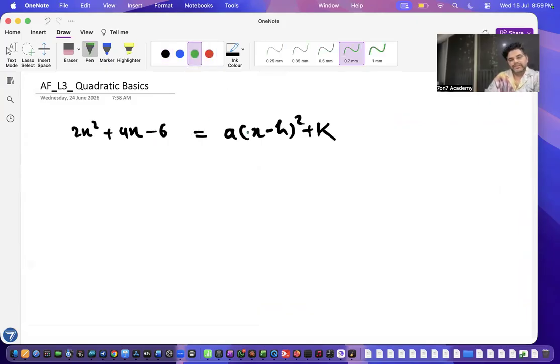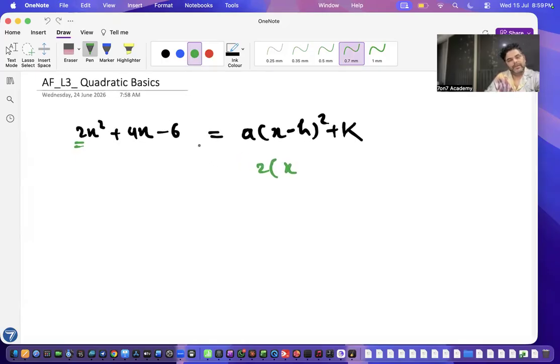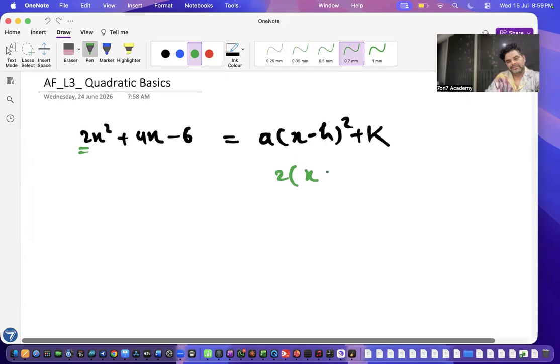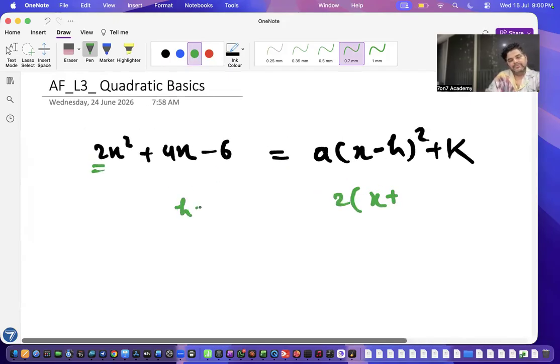So a is 2, and x minus h, where h is minus b upon 2a. In this case, minus 4 upon 4.